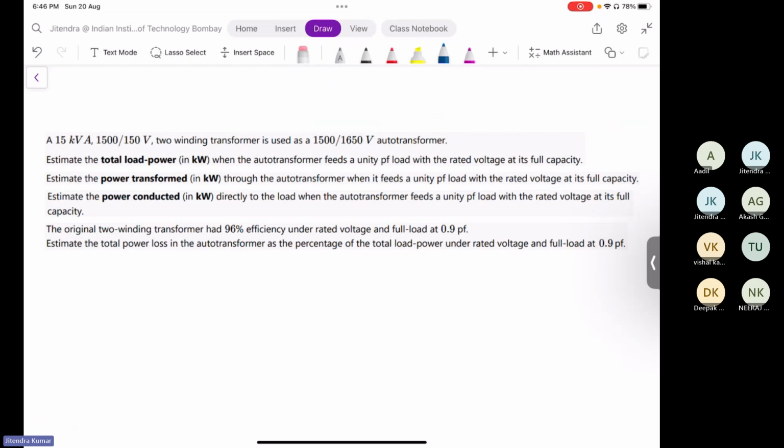So indirectly, we have to compute the efficiency of the auto transformer at the rated load, right?